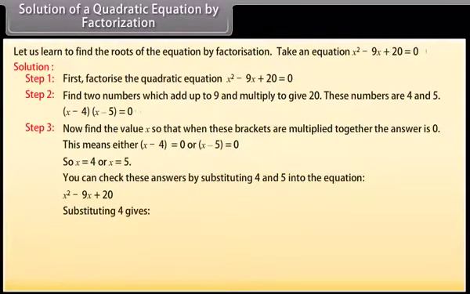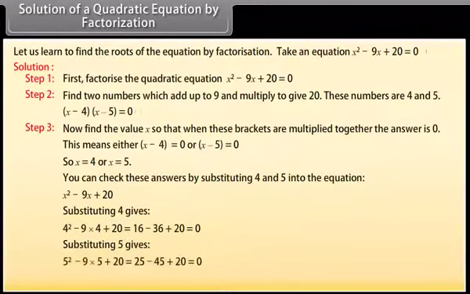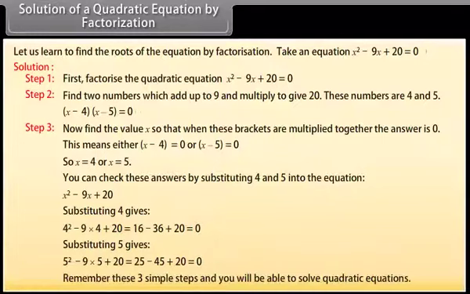Substituting 4 gives 4 square minus 9 into 4 plus 20, which is equal to 16 minus 36 plus 20 equals 0. Substituting 5 gives 5 square minus 9 into 5 plus 20, which is equal to 25 minus 45 plus 20 equals 0. Remember these 3 simple steps and you will be able to solve quadratic equations.